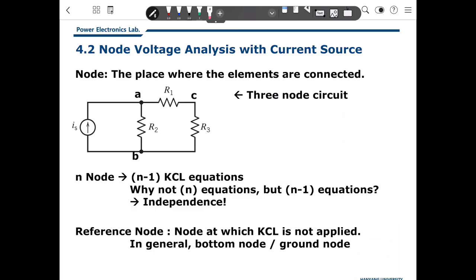First, I want to introduce what a node is. The node is here. The definition of a node is the place where the elements are connected. There are three nodes here.